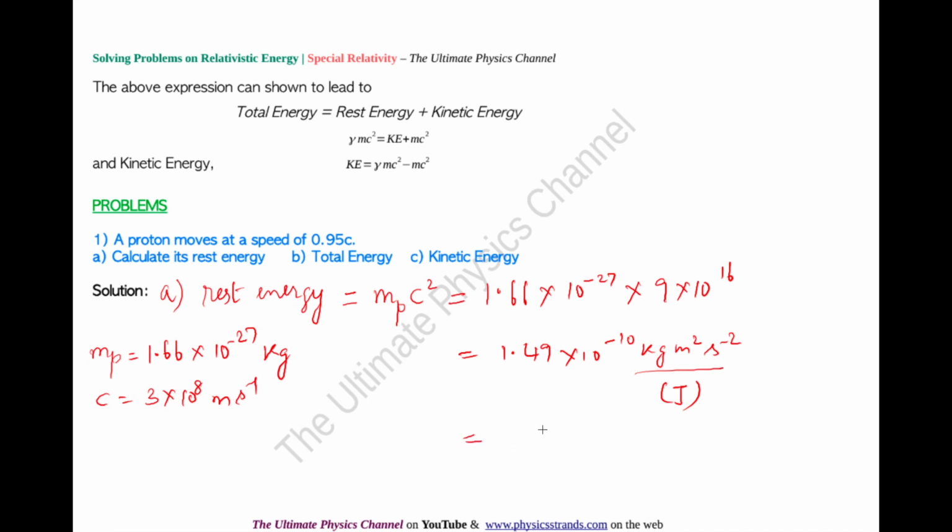This can be converted back to MeV units, which is very convenient in special relativity for many energy calculation problems. So 1.49 into 10 power minus 10 over the charge of the electron, 1.6 into 10 power minus 19, converts the joule units to eV. So we get the answer in eV.